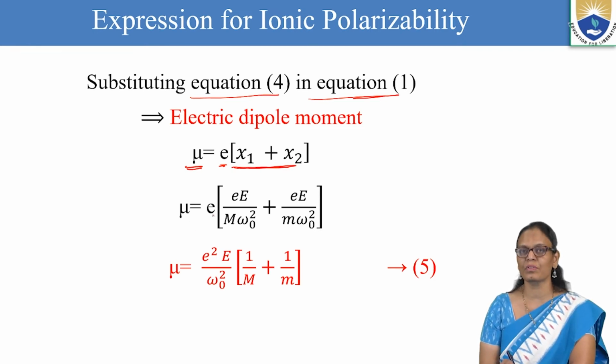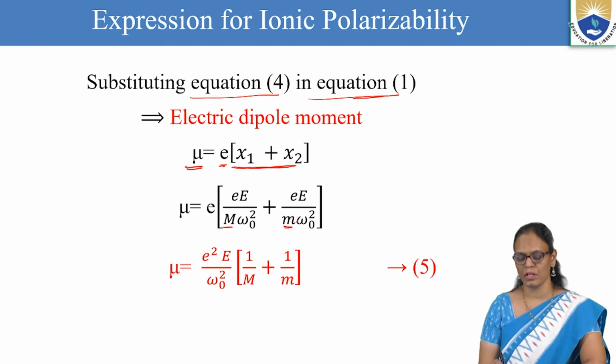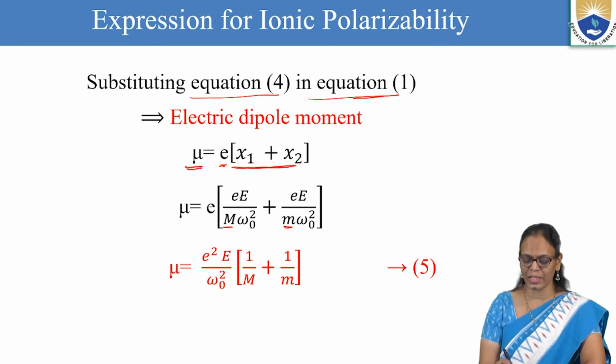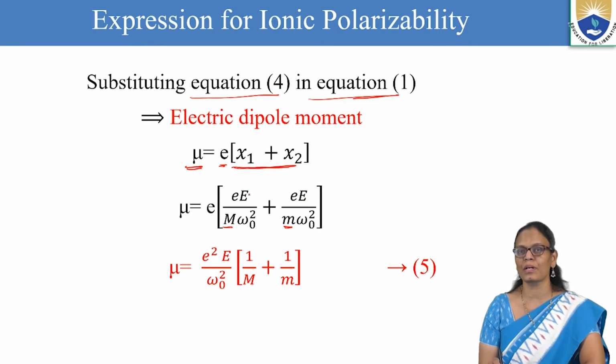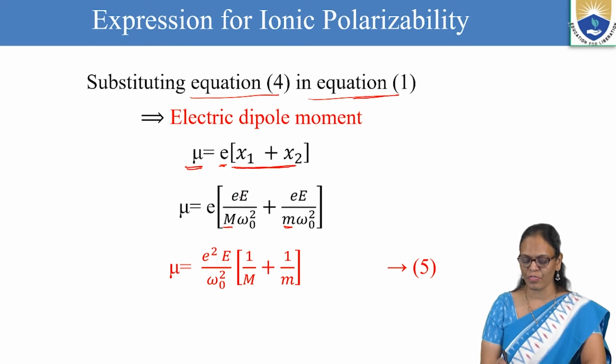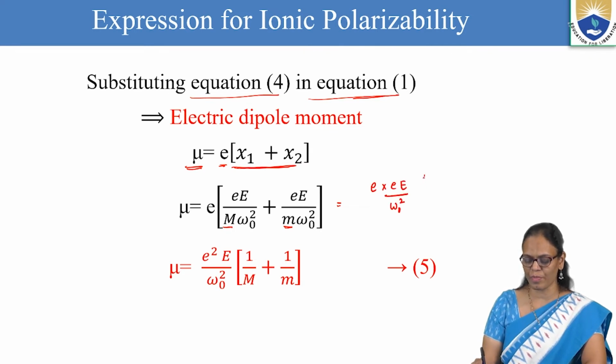So, mu is equal to e into eE by omega naught square, with capital M for the negative ion and small m for the positive ion. I can take out e and eE, which are common, and omega naught square is also common. I can take out e into eE, and omega naught square also, from the bracket.